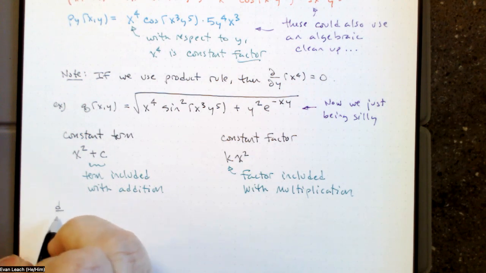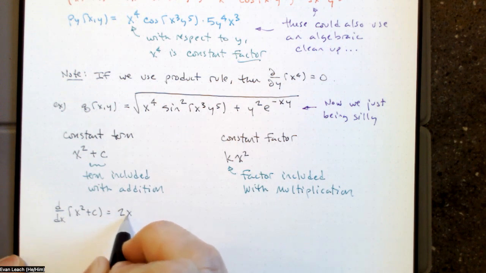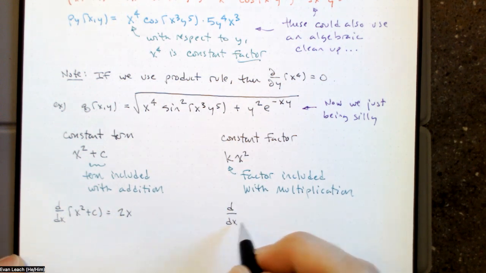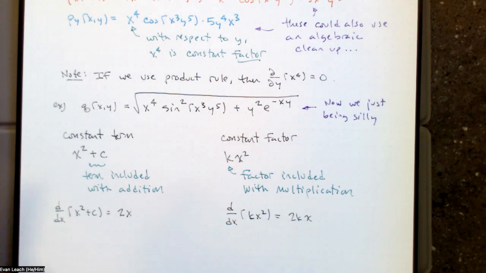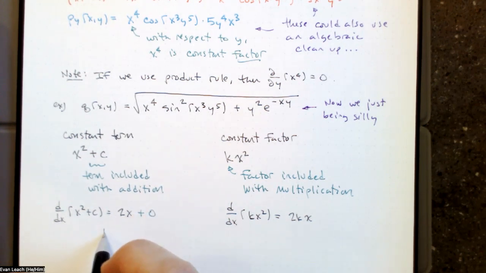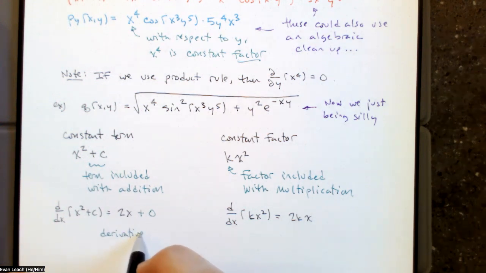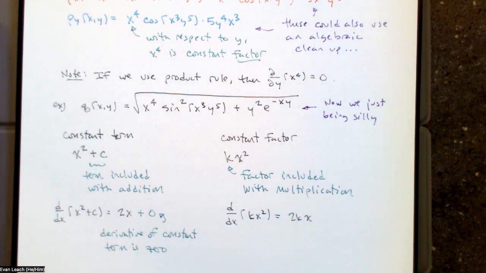So the derivative of x squared plus c is just 2x, but the derivative of kx squared is 2kx. Derivative of a constant term is 0. We don't normally write plus 0, but I want to emphasize that's the difference here.